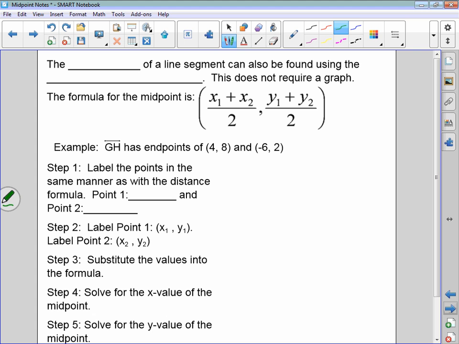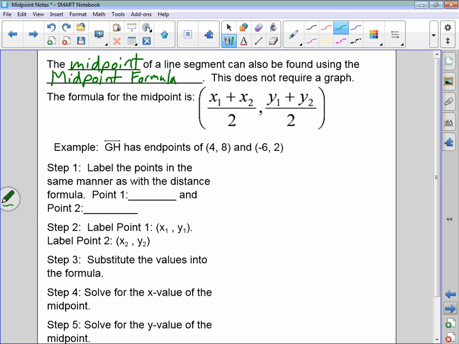So the midpoint of a line segment can also be found using the midpoint formula. And this does not require a graph when we are using the midpoint formula.